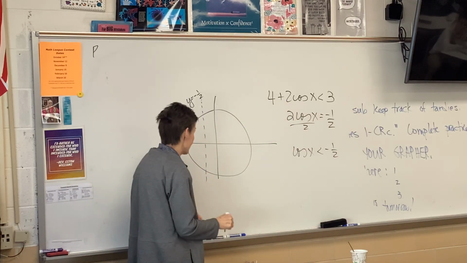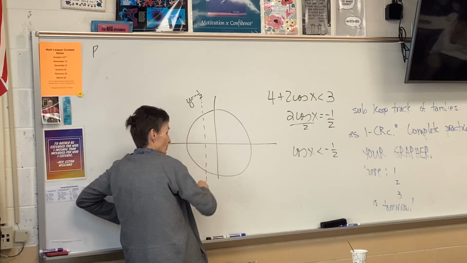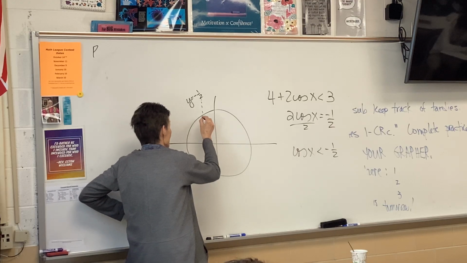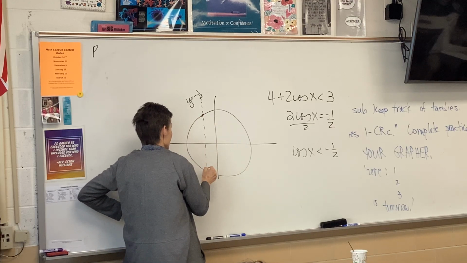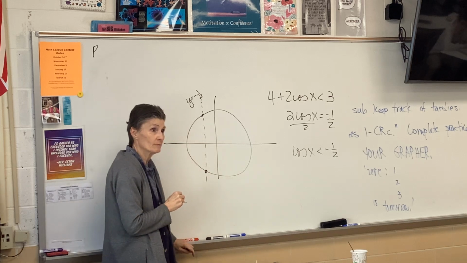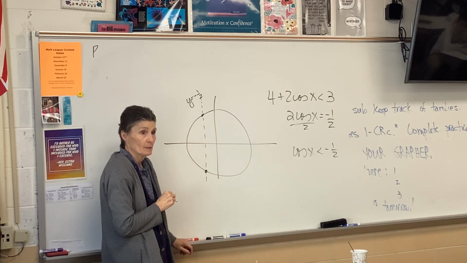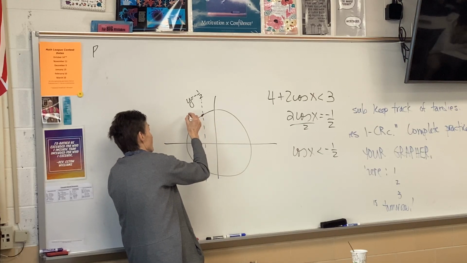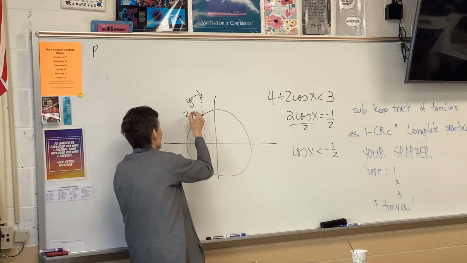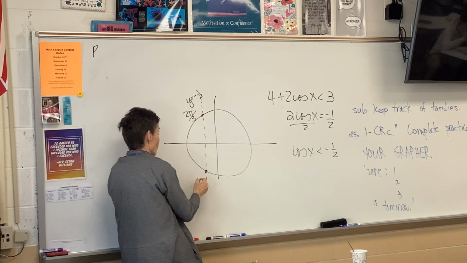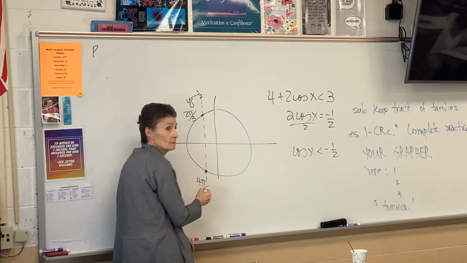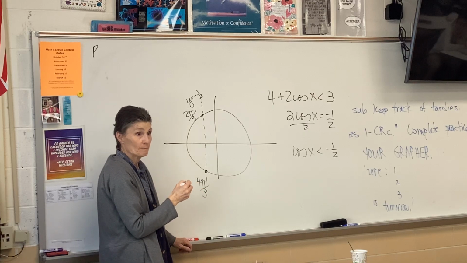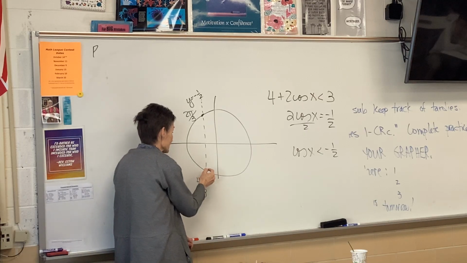So Lydia said that on the unit circle, this is where the cosine is exactly -1/2. And what angles are those? Two pi over 3, 4 pi over 3, right? So that's where we are exactly equal.